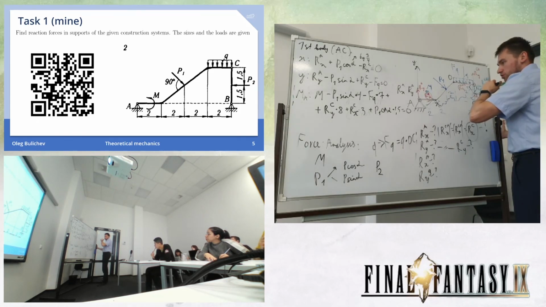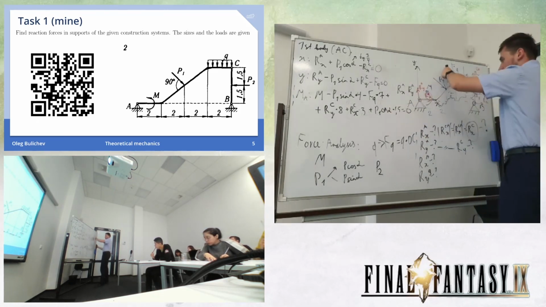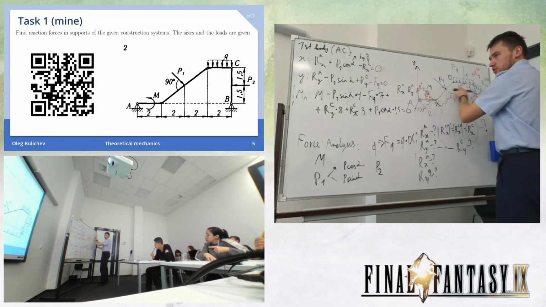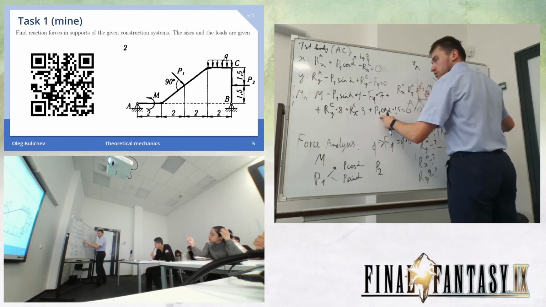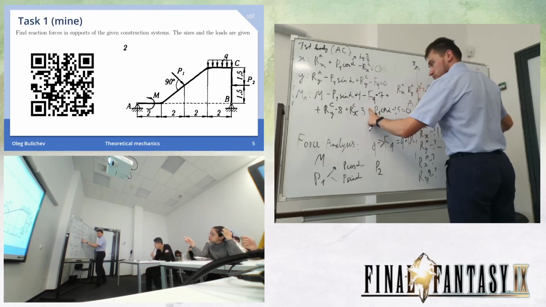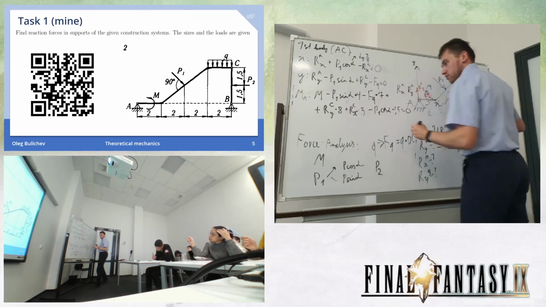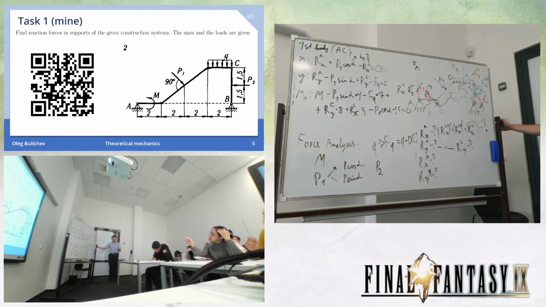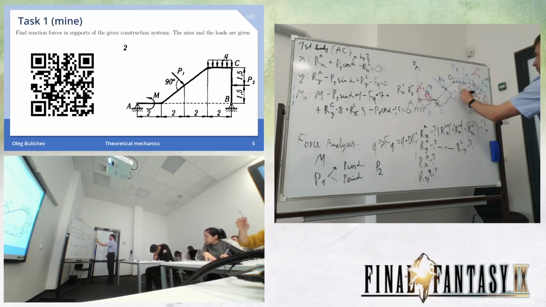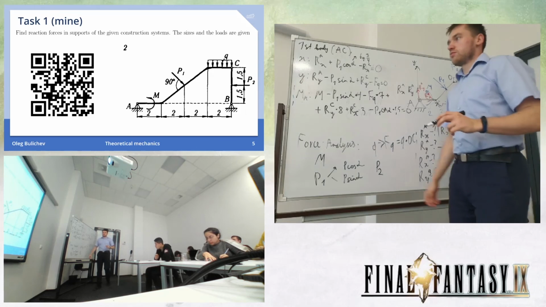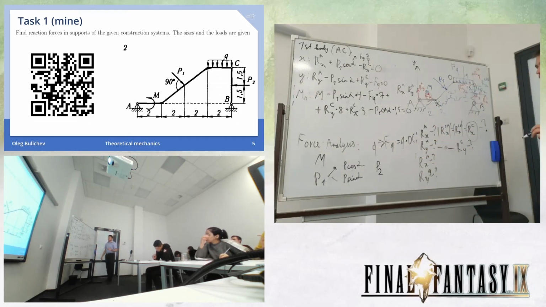So it was given that point P1 is exactly on the same line with P2. Again, point P1 where it touches, it is given that it is on the same line with P2. P2 was at the end.